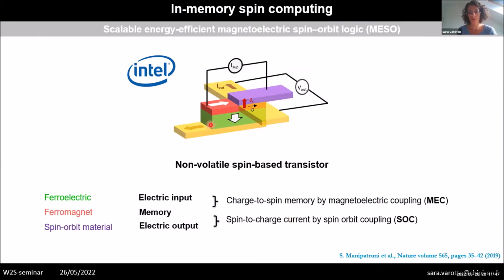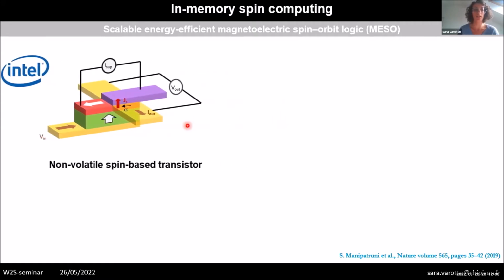So let's see, for example, if now we invert the ferroelectric polarization, we invert the magnetization, and the spin that we inject in our spin-orbit coupling material will be opposite, and the current and the output voltage of the device is switched. So this is the way this MESO device operates, and it can be seen as a non-volatile spin-based transistor because we have a memory and the computation within it.